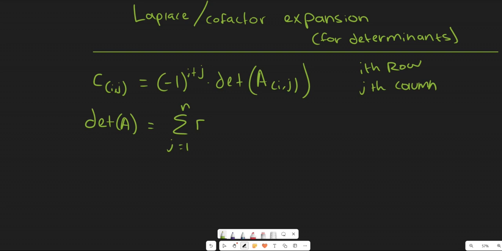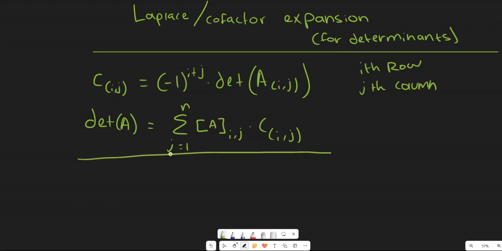It's just going to be the sum of the entry at your ith row and your jth column multiplied by your relevant cofactor that you computed at i and j. So these are the two formulas that you're going to need.